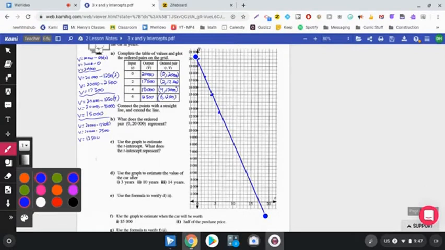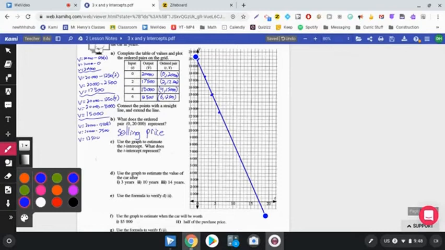The second I walk out the door, it's going down in value. So that would be the original value or the original cost, or the selling price, I think, is a good way to talk about it. Maybe there's a little more nuance, where a car dealership is probably selling it for more than it's actually worth. But let's just call that the selling price.